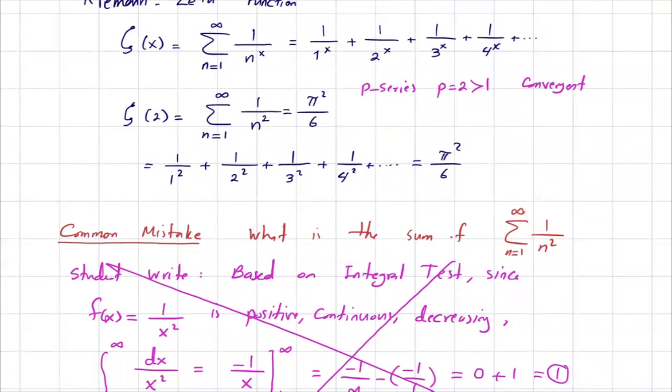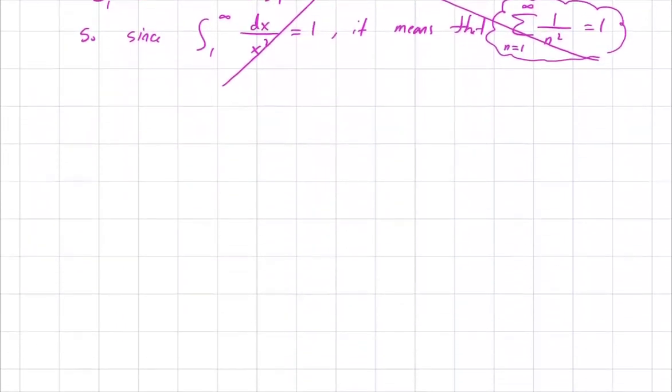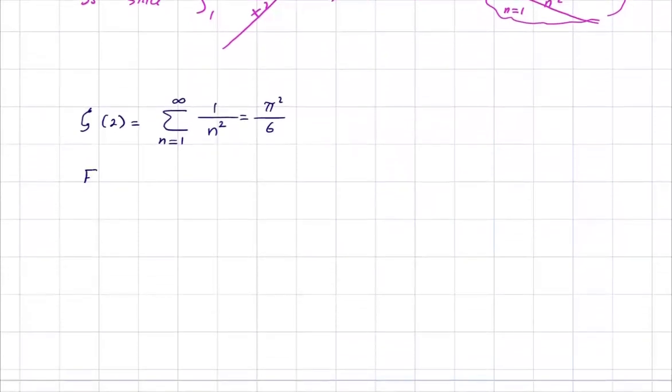So we're going to use this zeta of 2 and calculate some other sums. The question says, find the following sum.